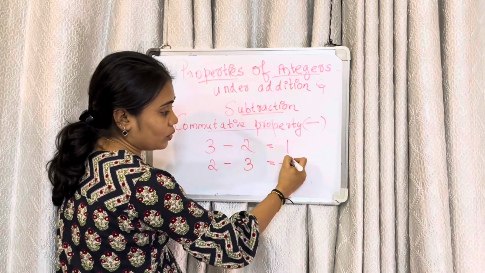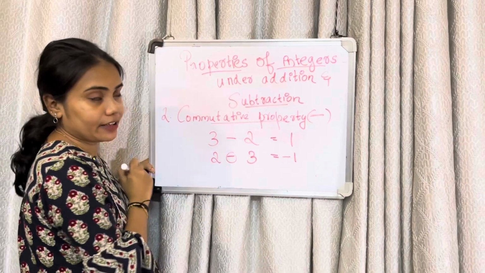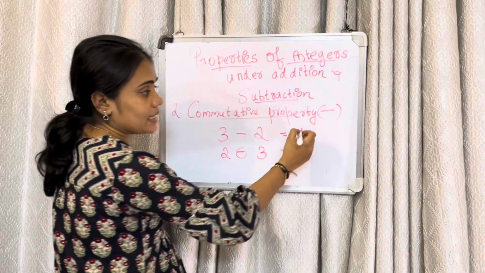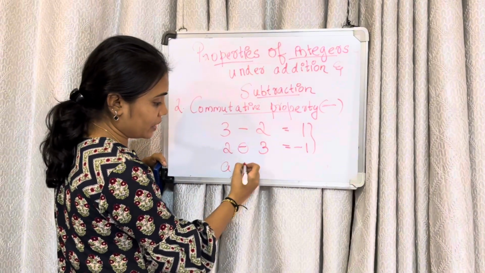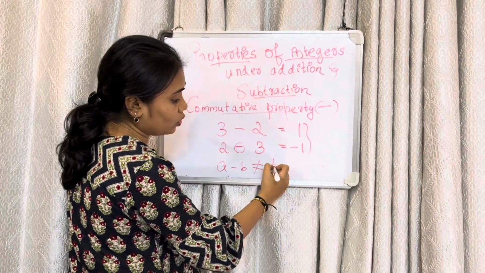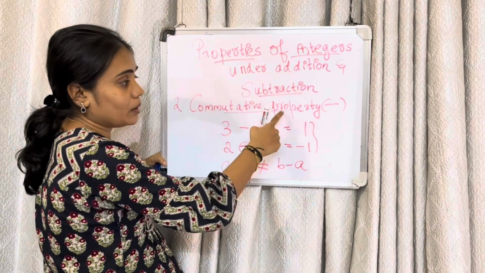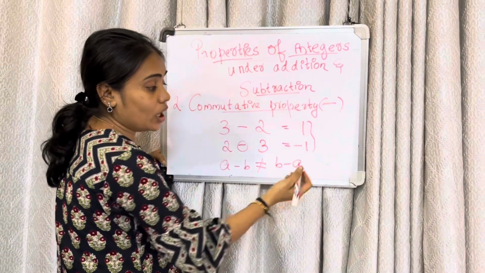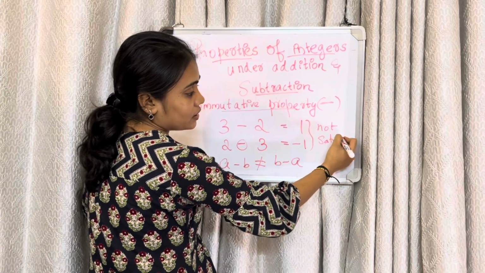So negative 1. Are these equal? No, they are not equal. So A minus B is not equal to B minus A. So we can say that commutative property of subtraction is not satisfied.